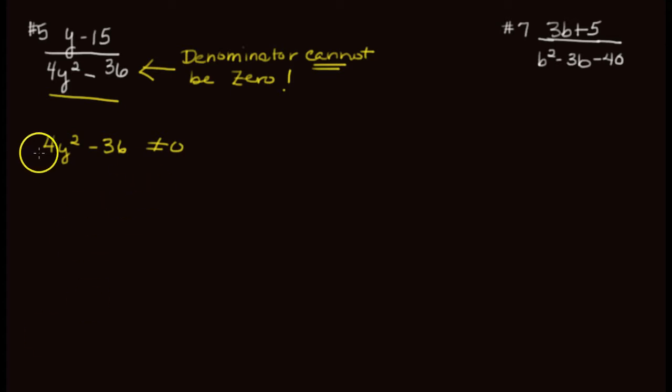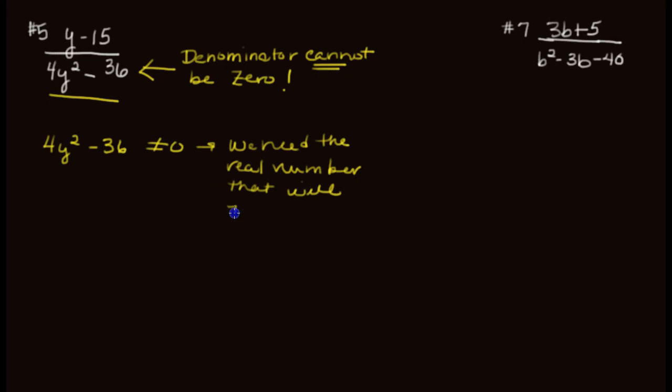Okay, so for this one, we need to find the numbers that are going to make this zero. So here, we need to find numbers. So we need the real numbers that will make this binomial zero.